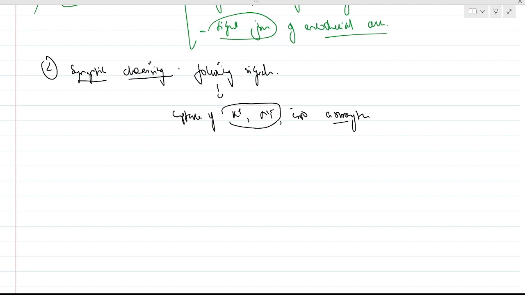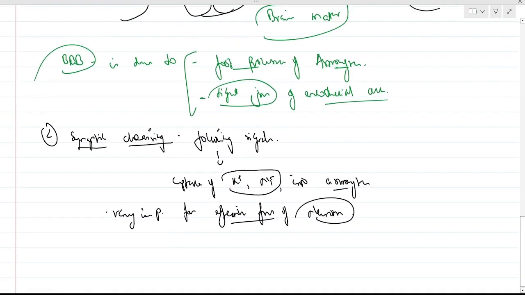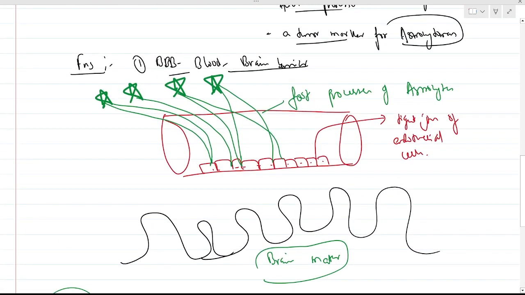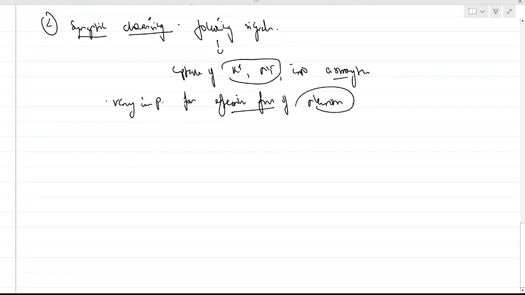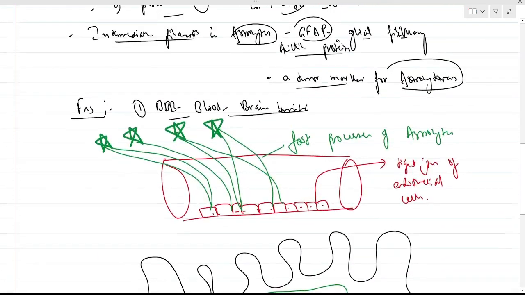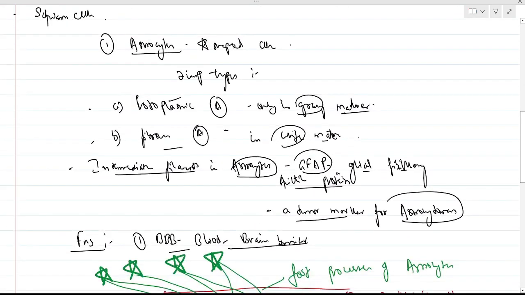This is very important for effective functions of neurons. So these are the two most important functions of astrocytes: contribution to the blood-brain barrier, and synaptic cleansing. So the first macroglial cell, astrocytes, is over.